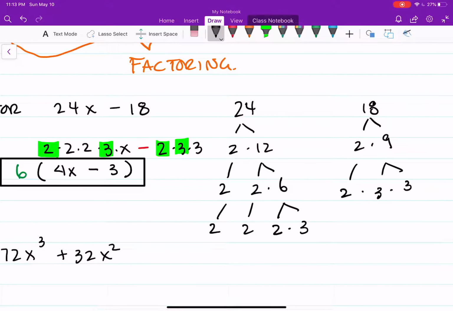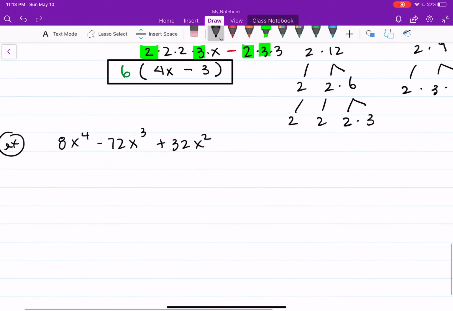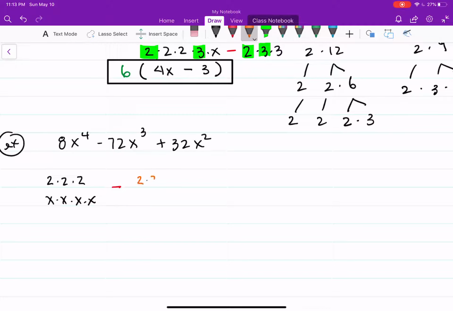All right, so the 8, if I was to break it down, is going to be 2 times 2 times 2, x times x times x times x, minus. The 72 is going to break down to, you know what, let's use a different color. 72 is going to break down to 2 times 2 times 2 times 3 times 3 times x times x times x, plus.